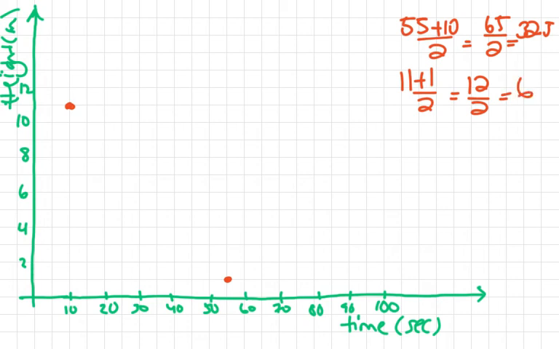So another point that we know is 32.5 seconds. We'll put him at a height of 6 meters. And then after the 55 seconds, 32.5 seconds later, he'll hit at 6 again, which is 77.5.